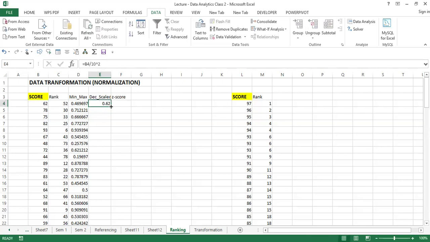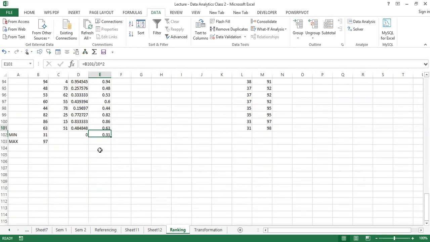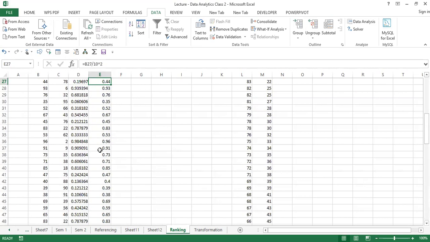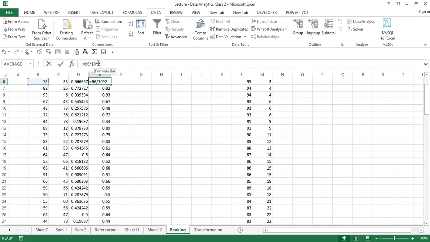Okay? Now, if you look, you will see that the highest number is not up to 1. It's not more than 1. Now, this n, this power, you have to choose it such that it will be the number that makes the answer as close to 1 as possible.